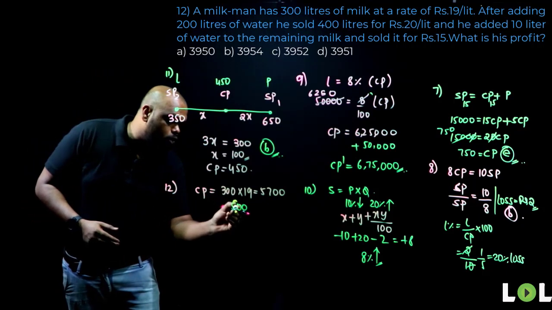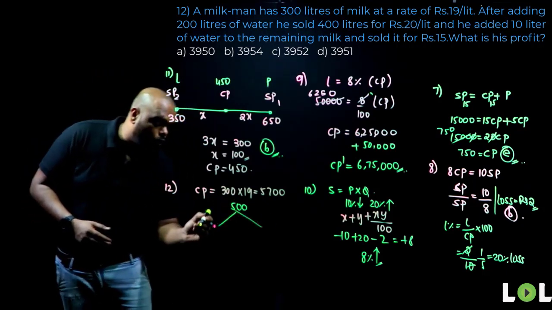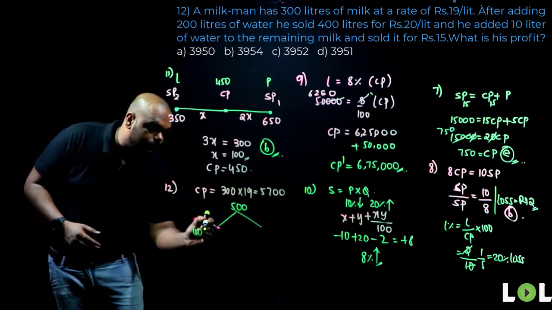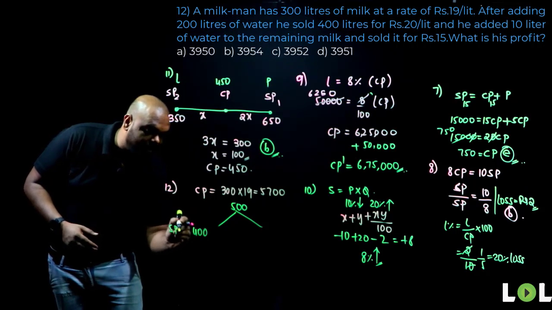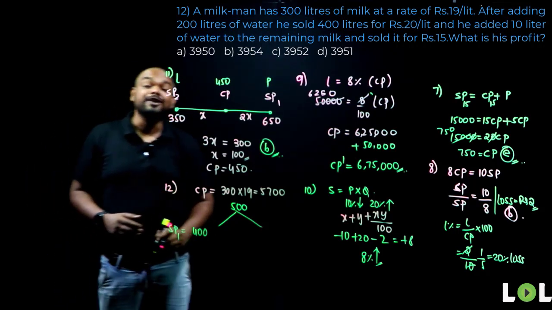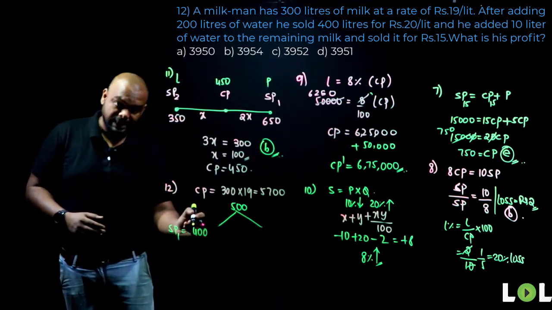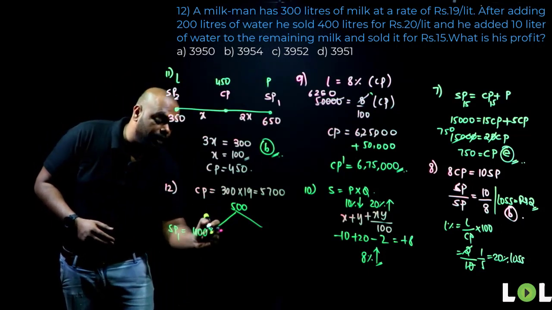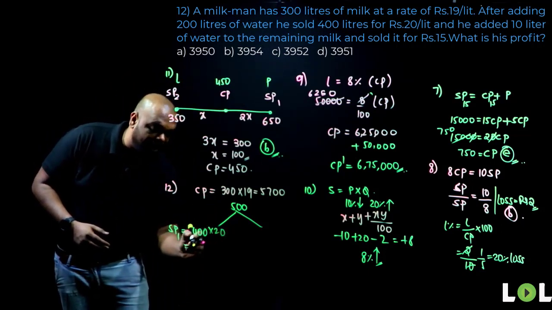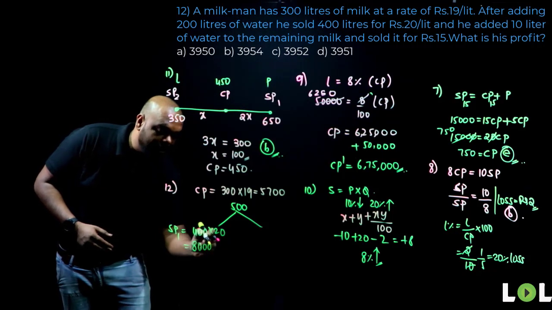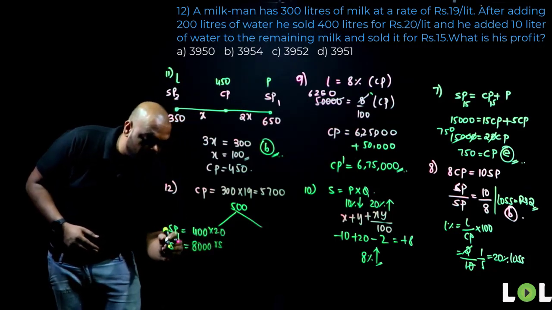Now out of this 500 liters, he sold 400 liters. At what price? 20 rupees per liter. 400 into 20, that should be 8,000 rupees. He received totally 8,000 rupees here.